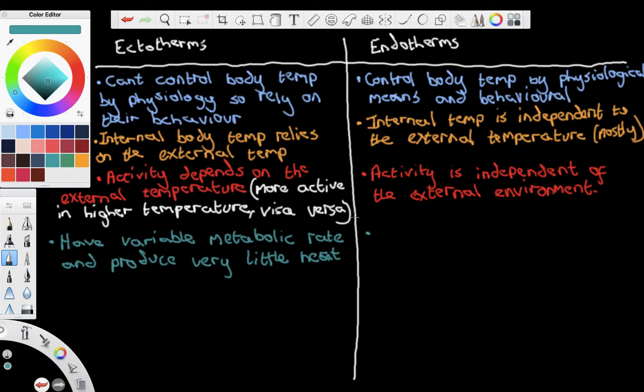Things like reptiles are not warm-blooded, and therefore they are ectotherms. Now, these endotherms have a constantly high metabolic rate, and generate lots of heat as a result.